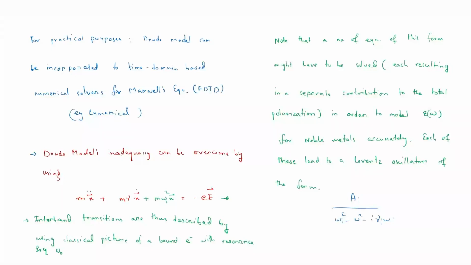So when this is incorporated, now we will have a change of the permittivity as well. So we have the equation of motion.